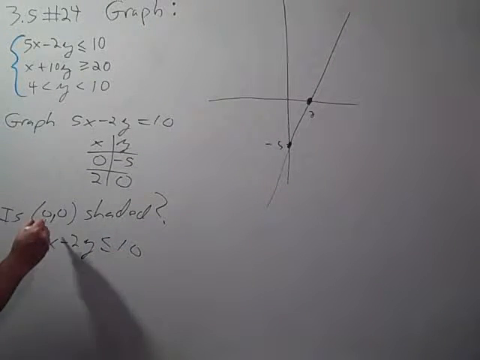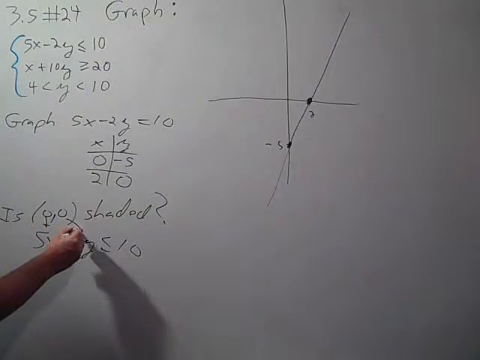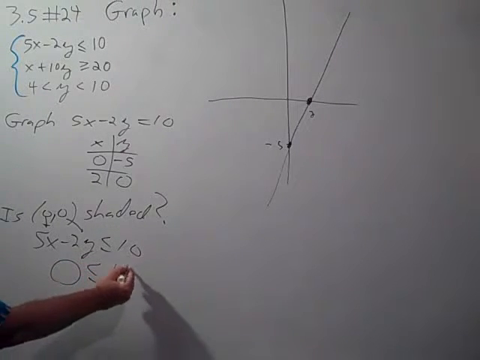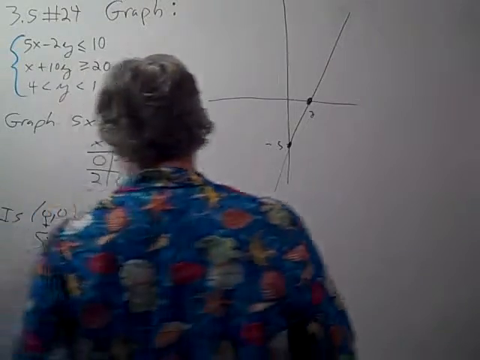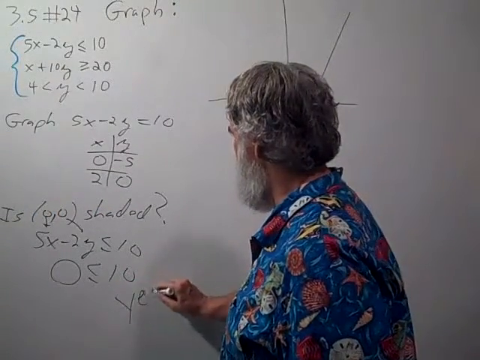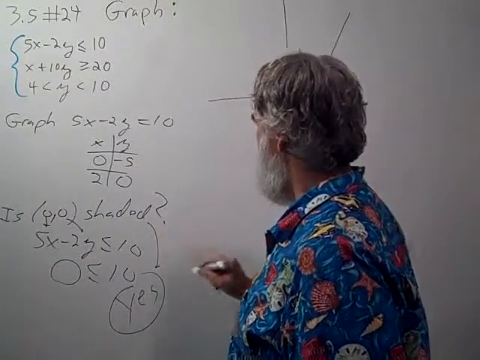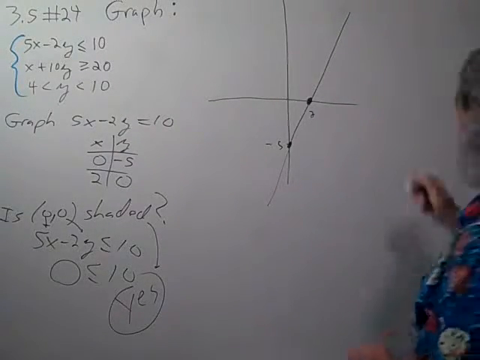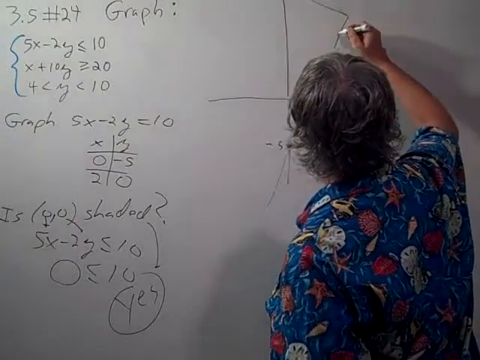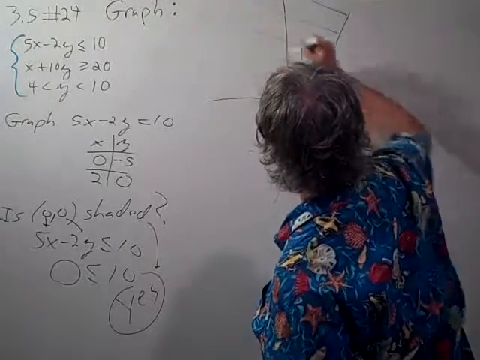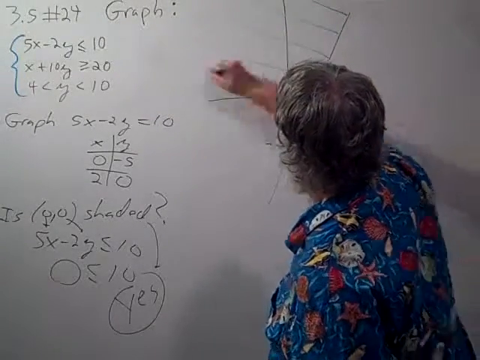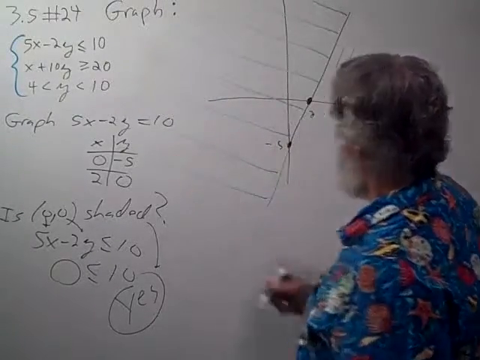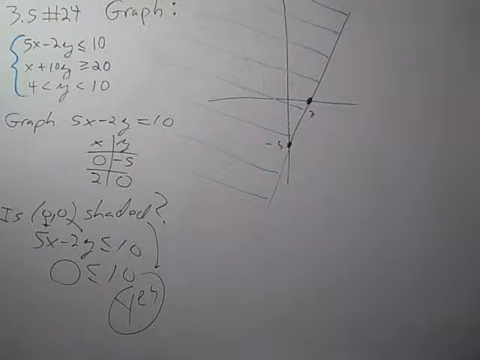So if we substitute x equals 0 and y equals 0, the entire left side becomes 0, which is definitely less than 10. So the answer to our question here is yes. The origin is on the shaded side of this line. So that's this side, the right side of the first line here. Everything there is in the solution set to the first inequality of our system of linear inequalities.